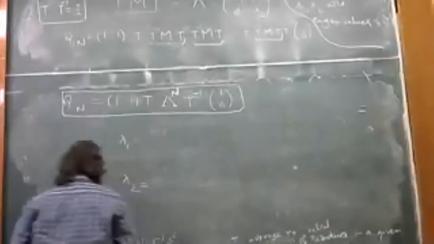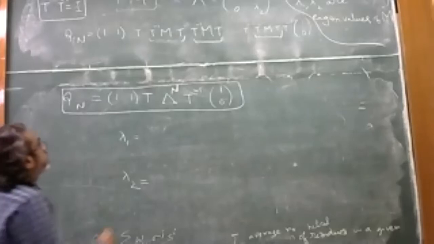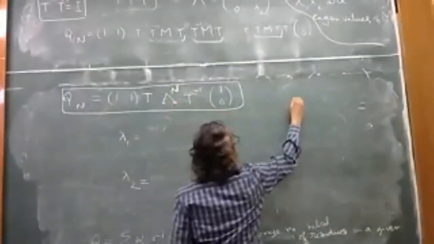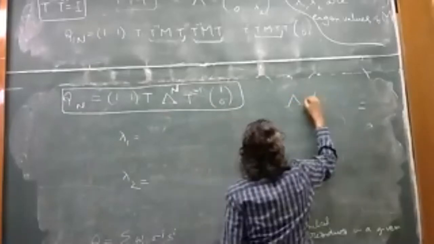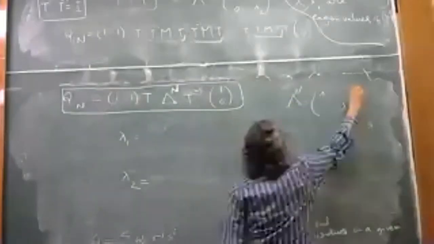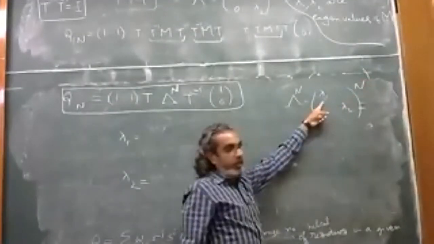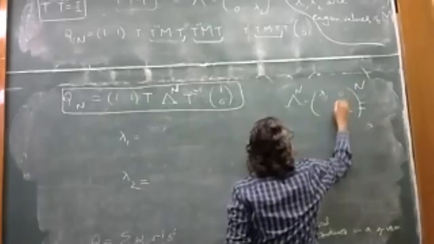So what you get is this term. Imagine now lambda is multiplied this n times. So you will have lambda power n terms.